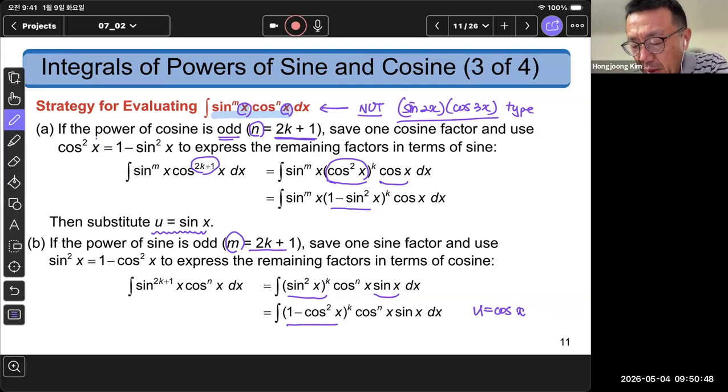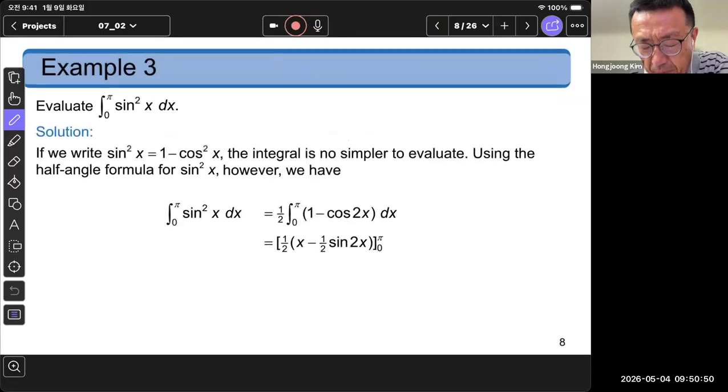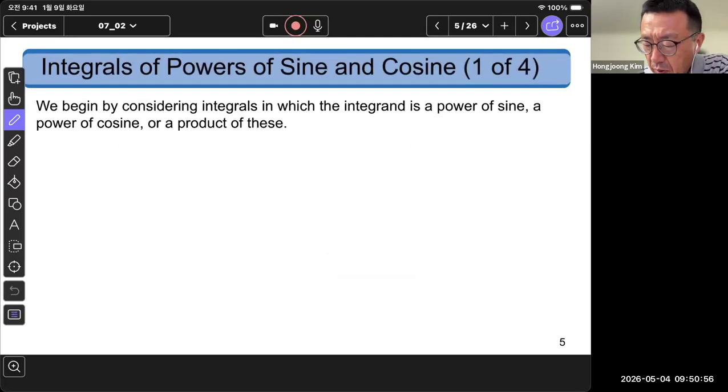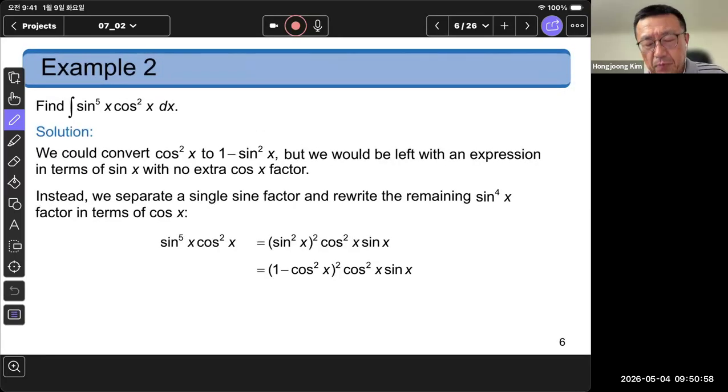So here is an example. If I have this problem here, I want to integrate sine x to the fifth power and cosine x squared. Then the power of sine is an odd number. So this sine x to the fifth is written as sine x to the fourth times sine x.